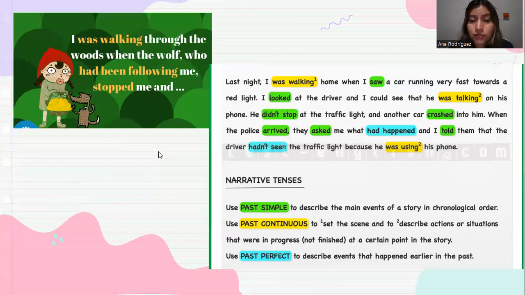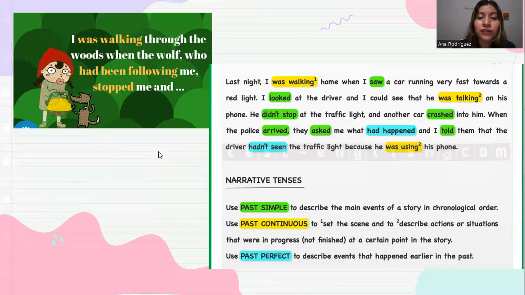Use past continuous to set the scene and to describe actions or situations that were in progress, not finished, at a certain point in the story. And use past perfect to describe events that happened earlier in the past.